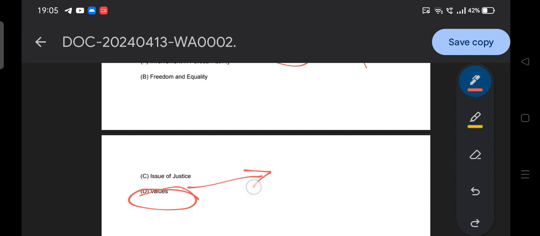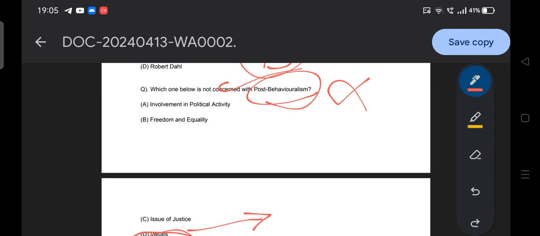So behavioralism is not related to the values, okay? You will ask me, sir, you told us that post behavioralism reconciles value and fact, so how is it not value? See, it's not only value; fact plus value, both are the main crux of post behavioralism. So the question is appropriate here.